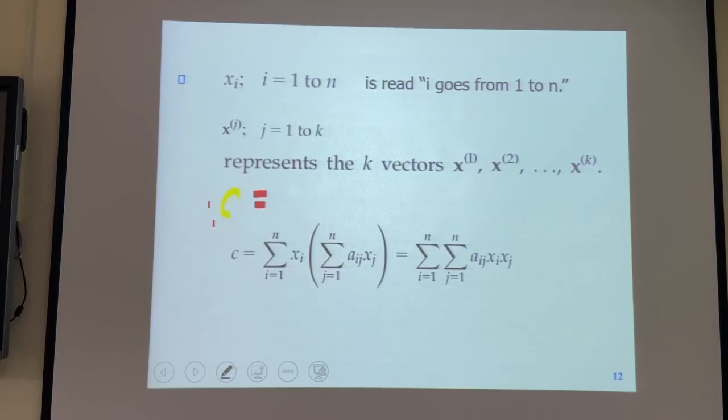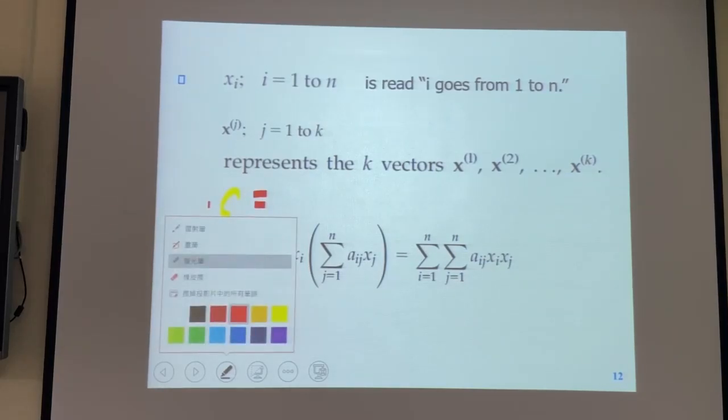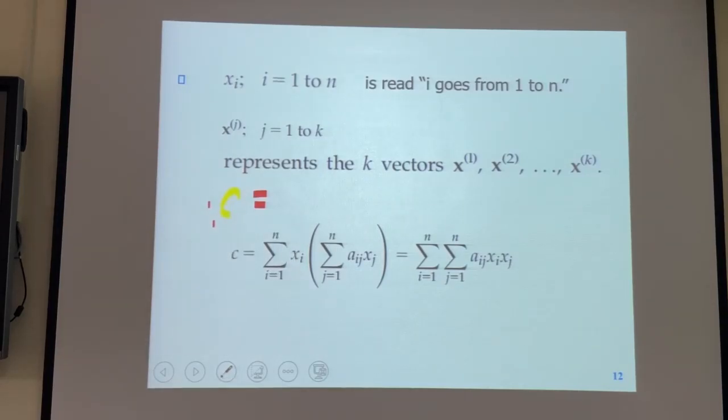So C equal to xi, Aiz, xz. If i from 1 to 3, z from 1 to 3, you can write x1.